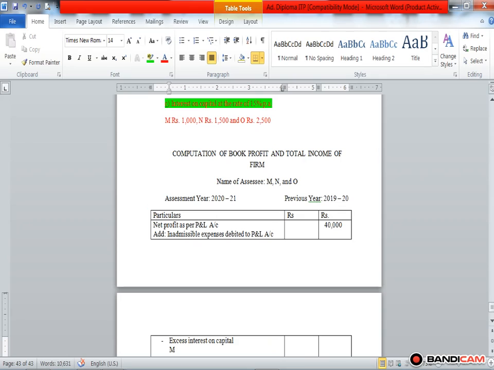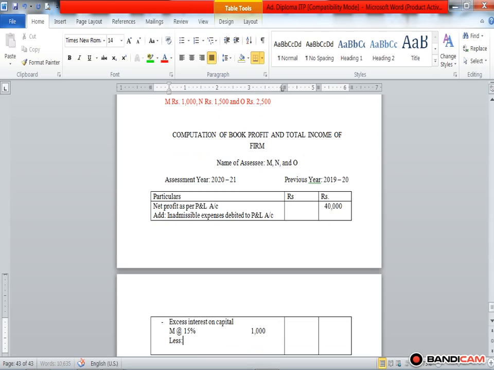Mr. M at 15% interest on capital amounted to rupees 1,000, less exempted up to 12%.